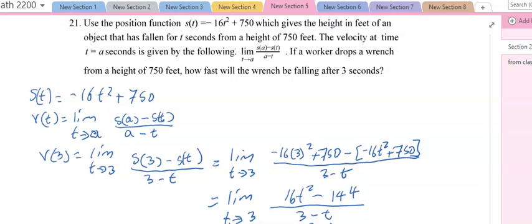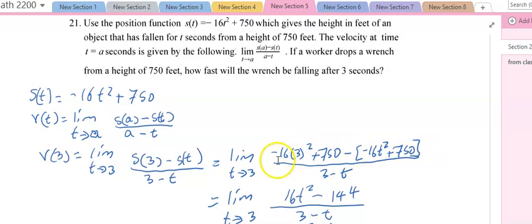That will be equal to the limit as t approaches 3 of s of 3 minus s of t over 3 minus t. Plugging in the 3 for a, that's the limit as t approaches 3 of negative 16 times 3 squared plus 750 minus negative 16 times t squared plus 750, all over 3 minus t.